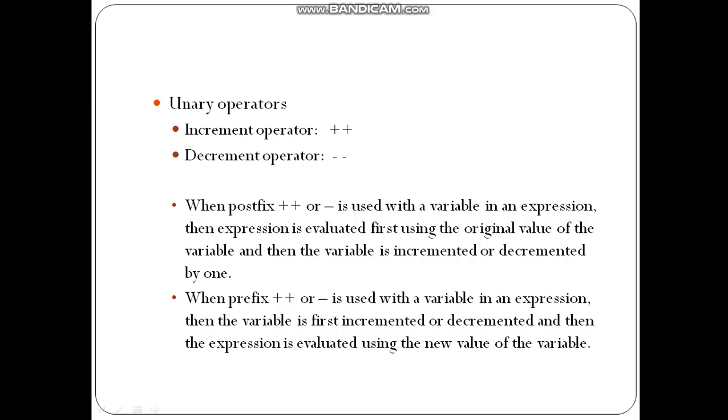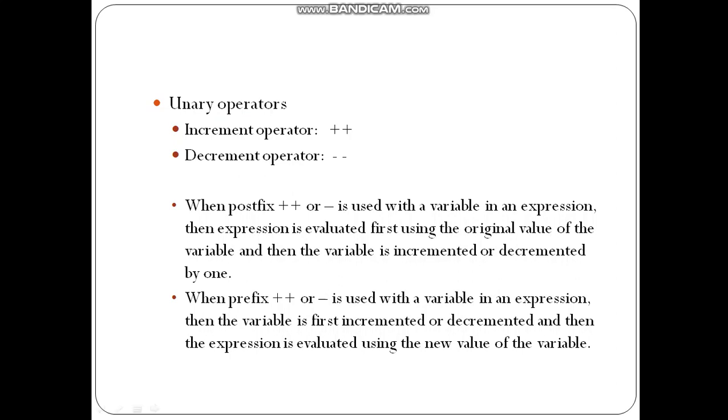When postfix plus plus or minus minus, which is actually two minus signs, is used with a variable in an expression, the expression is evaluated first using the original value of the variable, and then the variable is incremented or decremented by 1. Similarly, when prefix plus plus or minus minus is used with a variable in an expression, the variable is incremented or decremented first and then the expression is evaluated using the new value of the variable.